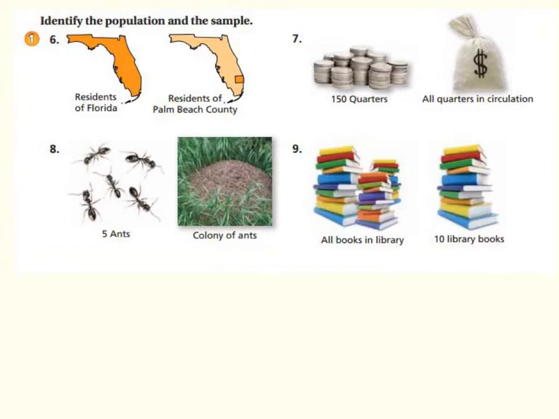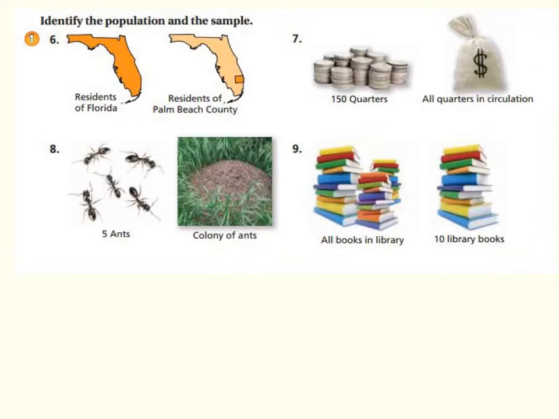Okay, the next thing we've got is 4 questions where you have to identify population versus sample. So if you look at number 6, again, we have Florida. The first image shows you the whole state colored in orange, which represents all the residents of Florida.